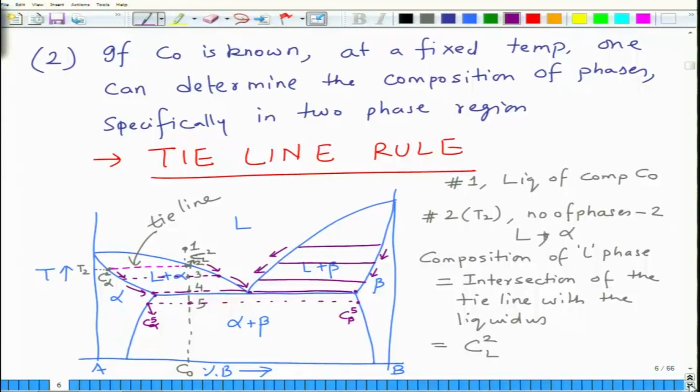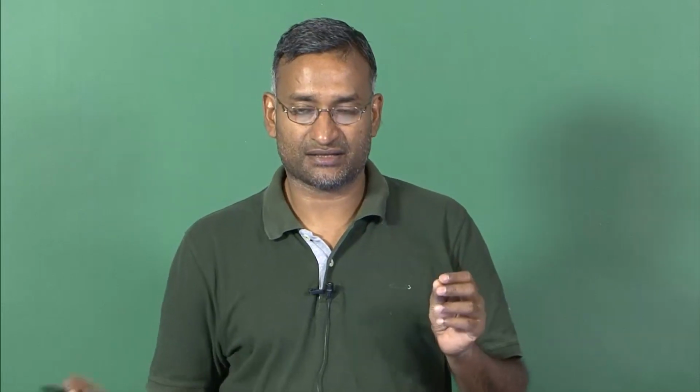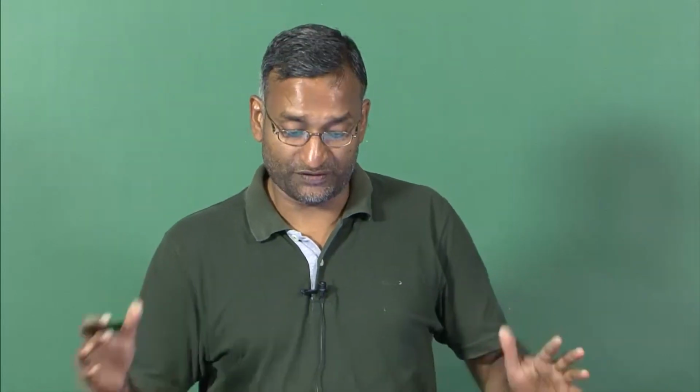You can determine the composition of two phases in equilibrium at a fixed temperature by drawing a horizontal line parallel to the composition axis, and looking at the point of intersection of this line with the solidus, liquidus or solvus line, depending upon the kind of phase equilibrium that you have.